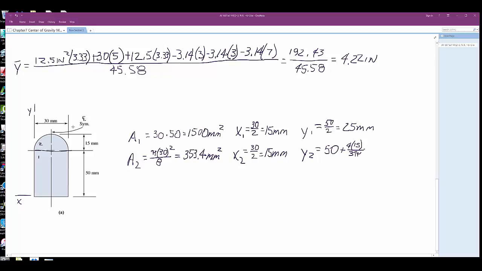I guess it'd be 4 over 3 pi times the radius. And plus we have the 50. So that's going to be 56.37 millimeters. Once we get that, the problem is basically done with.